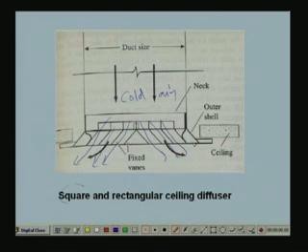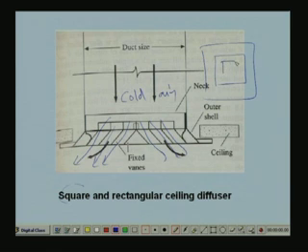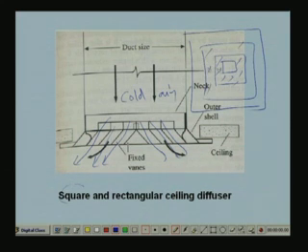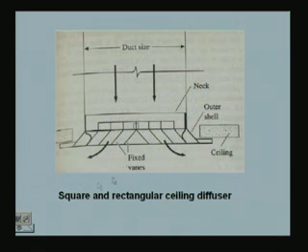If you see from the bottom, it will be looking something like this. Air will be coming from here, so it is discharged in all directions. And this is mounted on the ceiling, as you can see here. That is why you call them ceiling diffusers. In this picture, fixed vanes are shown, but you can also have adjustable vanes.